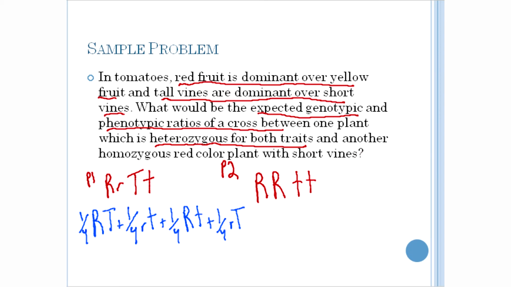For parent 2, let's draw a line to separate. You have 1/1 big R, little t. All the gametes are going to be the same. They're all going to result in big R's and little t's, as this individual is homozygous. Homozygous dominant in the case of plant color, homozygous recessive in the case of vine length. We can then use the probability method to very quickly multiply this through.